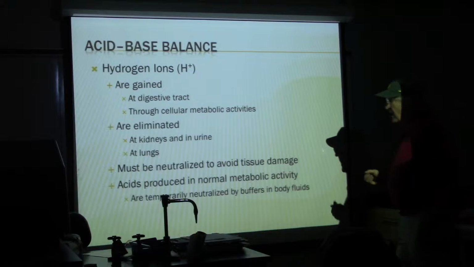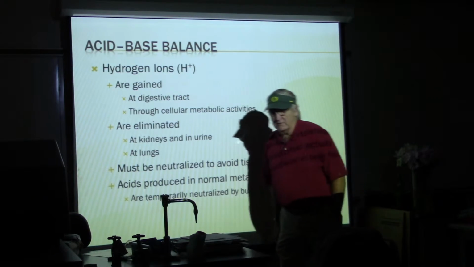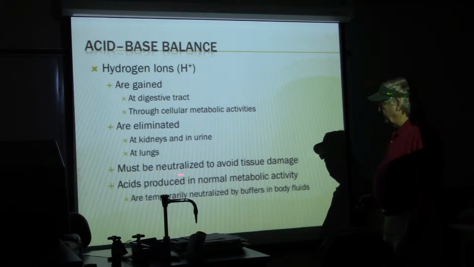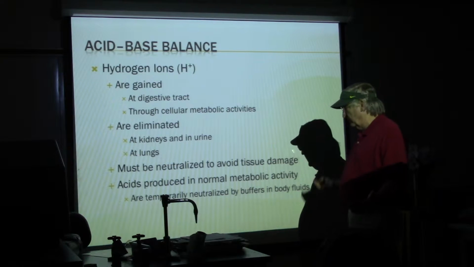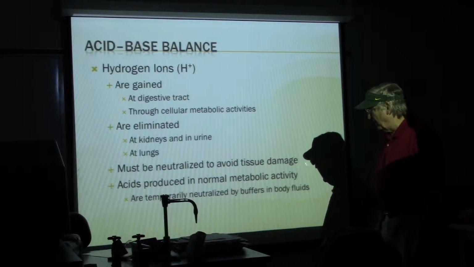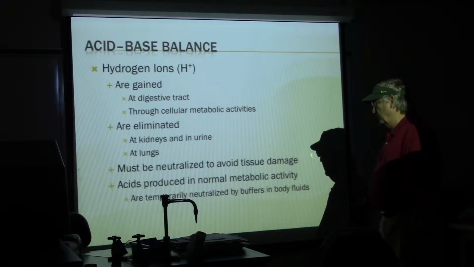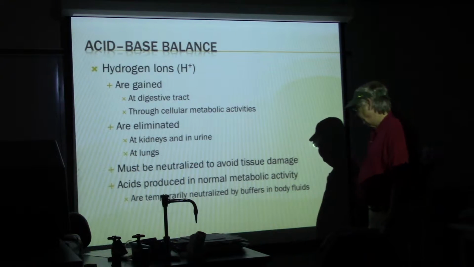Where do we get rid of hydrogen? Well, we do it in the kidneys, in the urine, and also in the lungs via the PCO2 deal. We have to neutralize that acid, otherwise our body turns acid and everything gets damaged and we die, basically. And I think it's important to remember that acid is always being produced by normal metabolic activity.